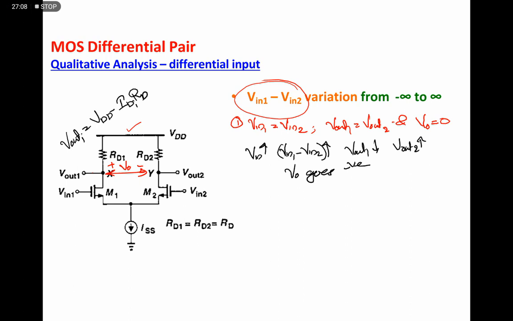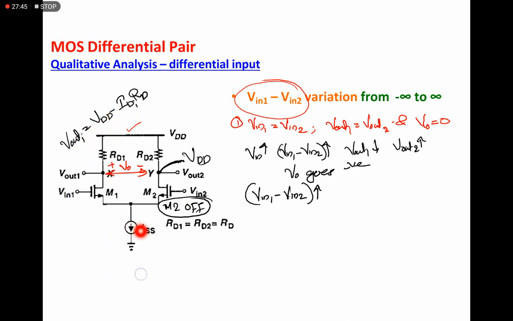And again, if we increase Vin1 minus Vin2 to a large value, the conductivity of M1 increases very large, and the gate voltage of M2 is low. M2 becomes off. If M2 is off, the voltage at this point becomes VDD, because Vout2 is VDD minus I2 RD, where I2 is 0, so it is VDD itself.